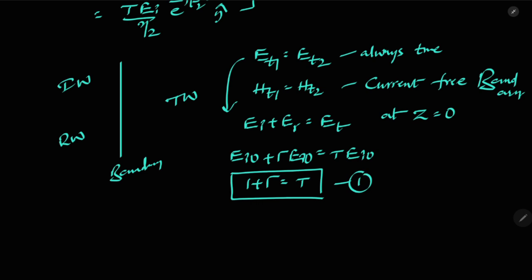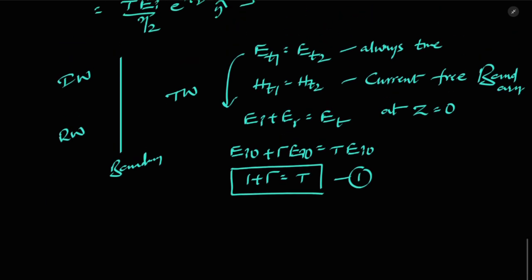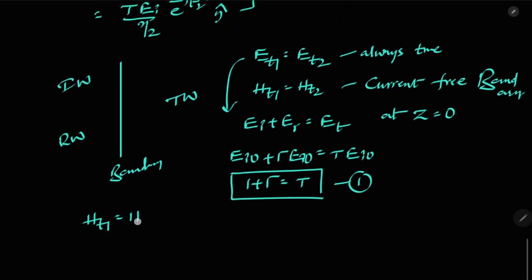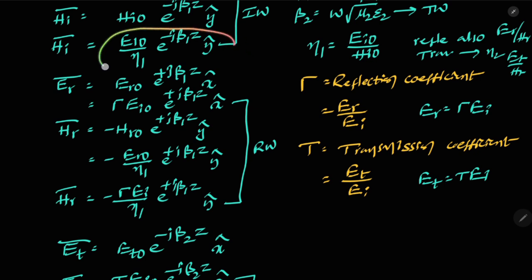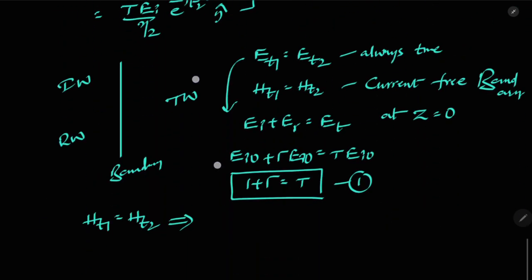Now coming to the second boundary condition, Ht1 is equal to Ht2. Using this one, what is the Ht1? We have to take two magnetic fields in the medium 1. One is related to the incident wave and the second one is related to the reflected wave. So you can take Ei naught by eta 1 minus gamma Ei naught by eta 1.